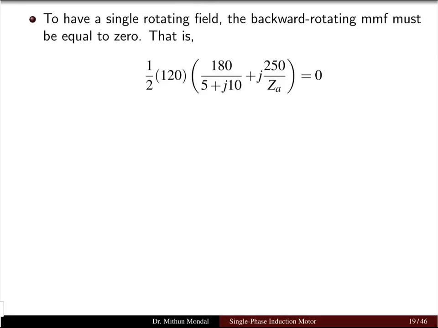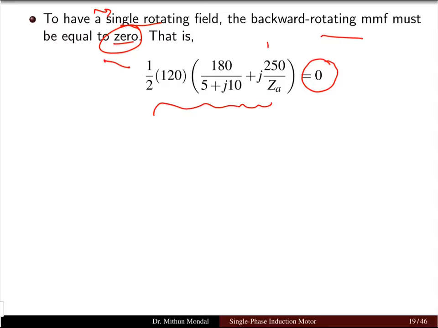But the condition is that to have a single rotating field, the backward rotating MMF must be 0, because unless the rotation in the backward direction is 0, the machine will not start. So only the forward rotating field has to be more than the backward rotating field, and you need only one single rotating field. So the backward rotating field you equate with 0.